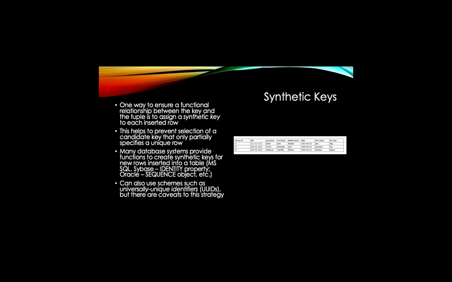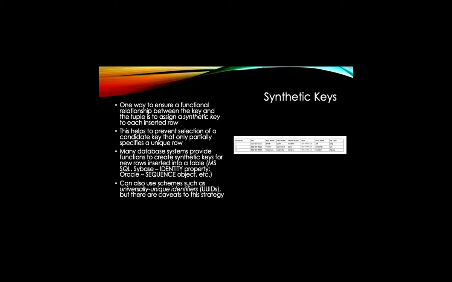Last time we met, we talked a little bit about the concept of synthetic keys. One thing that is easy to do: you can ensure a one-to-one functional dependency between your key and your data if you arbitrarily assign a unique key value to every unique row of data in your database, irrespective of what the content of that row of data is.